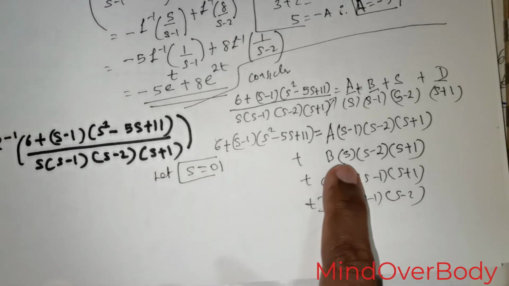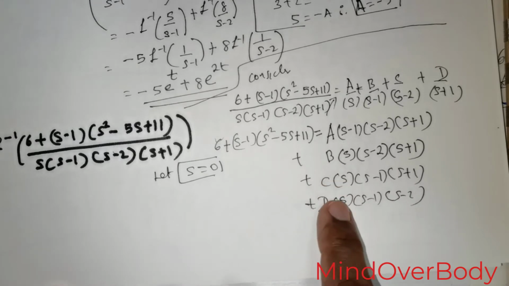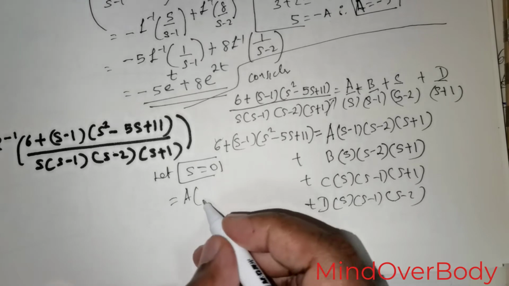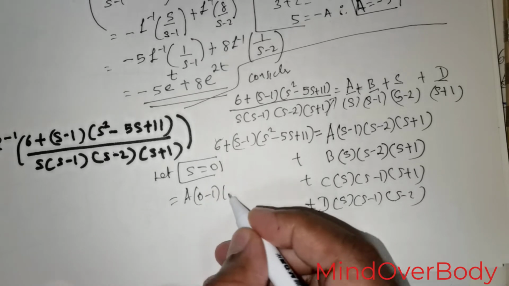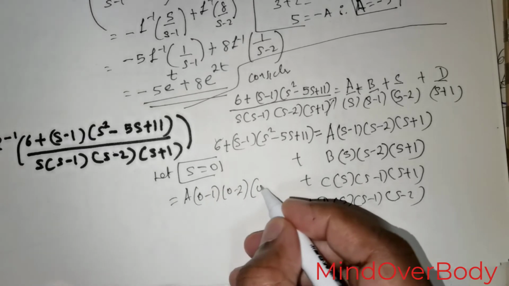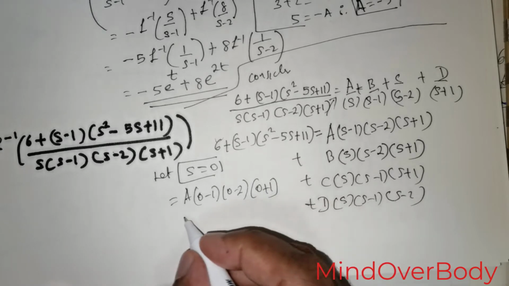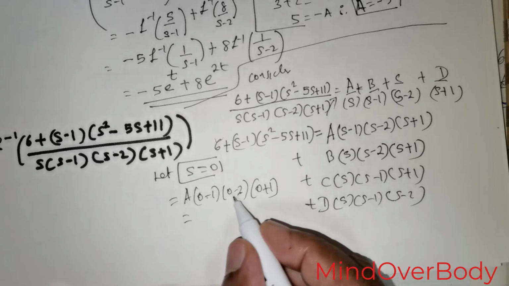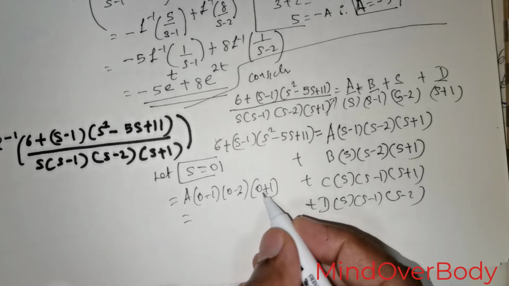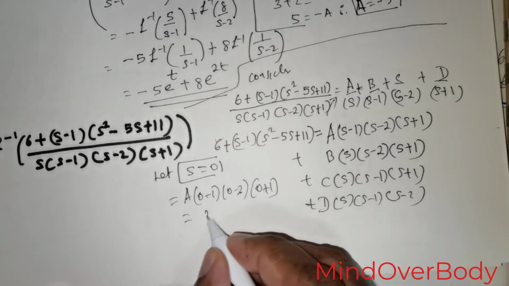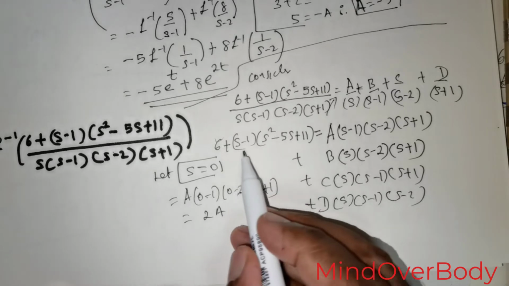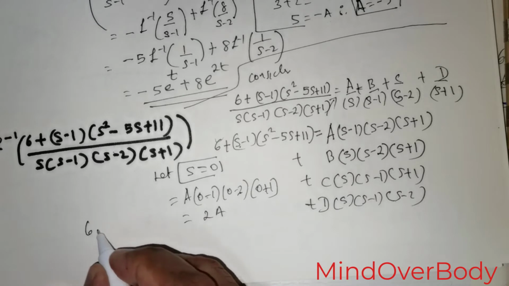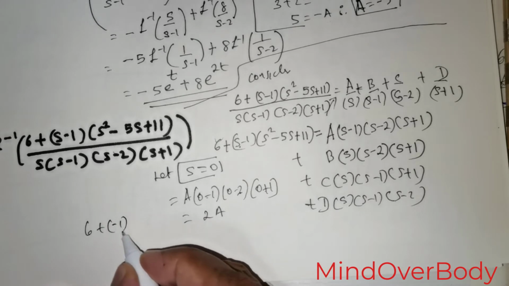When I take s is equal to 0, this vanishes, this vanishes, this vanishes, but the value for a will stay put. So 0 minus 1 times 0 minus 2 times 0 plus 1, which is negative times negative, will be positive, so that's going to be the 2 there, and I have a 1 here. 2 times 1, that's going to be 2a. S is equal to 0, so this is going to be 6 positive, that's negative 1 there.